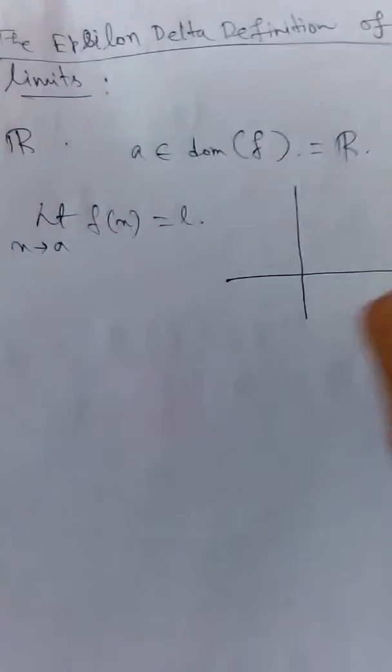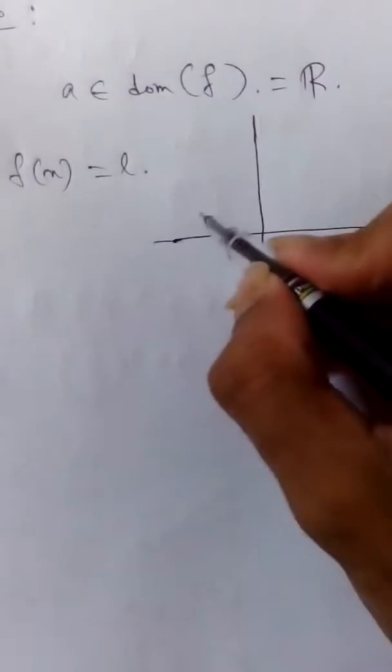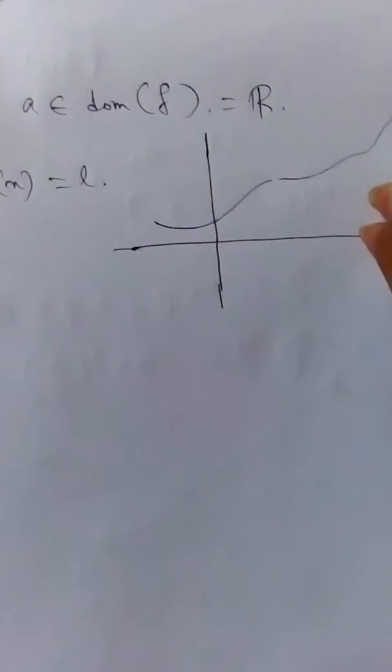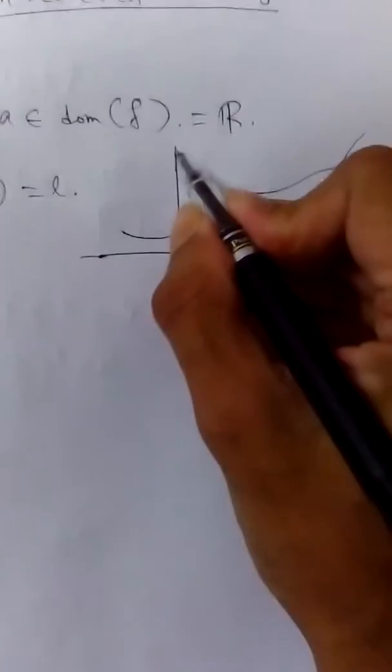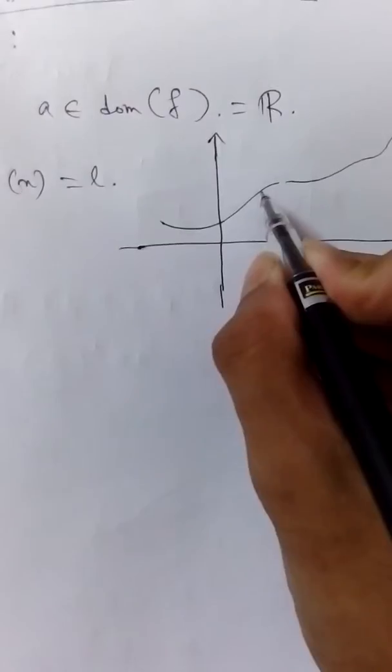We all know, if we draw the graph first hand, suppose I consider a graph of f just like this, any graph, any monotone graph. Here f is monotone actually. This means f is just increasing, you can say.